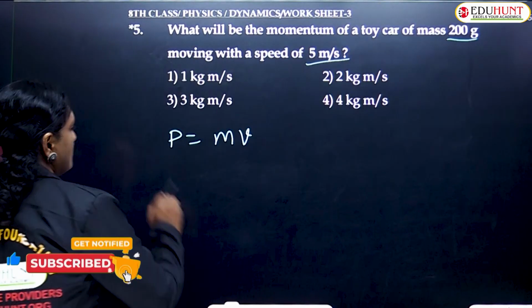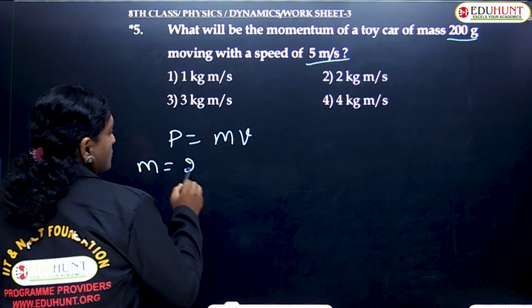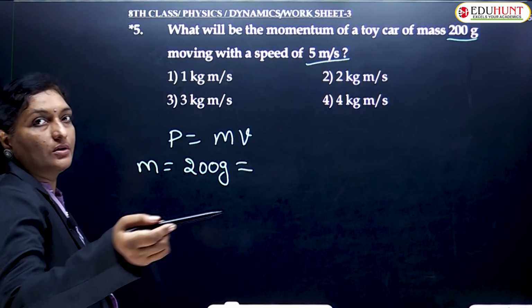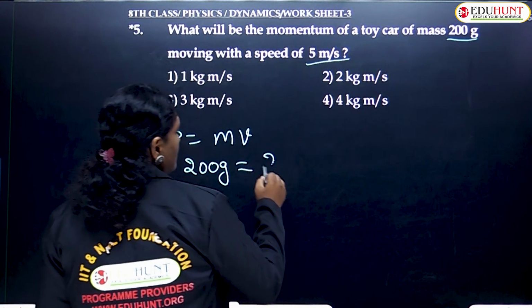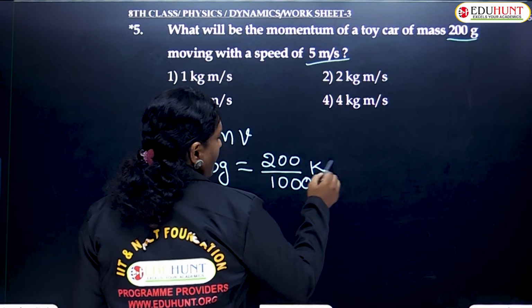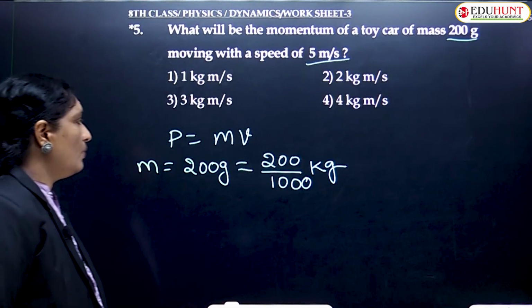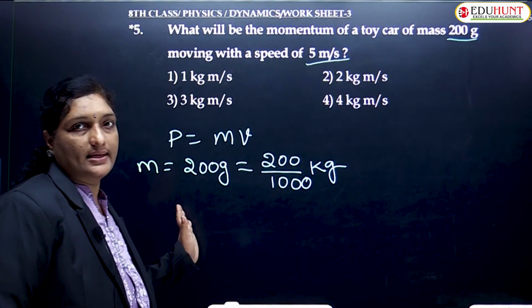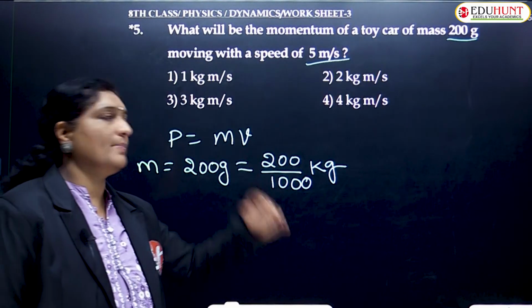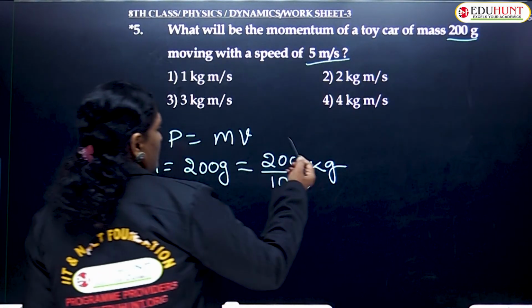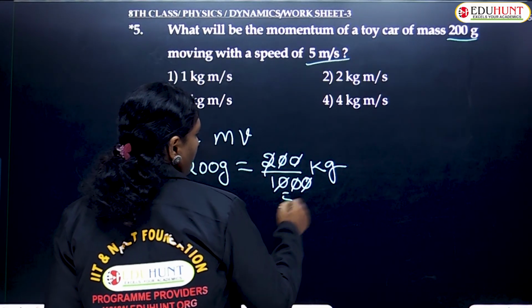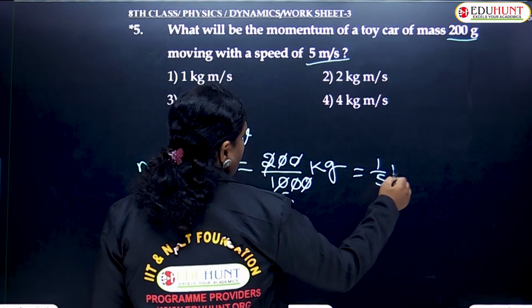So first of all, let us convert. Mass is given as 200 grams. To convert grams into kgs, you need to divide by 1000. Now it will become kgs. 1 kg is 1000 grams and 1 gram is 1 by 1000 kg. So 200 grams is 200 by 1000 kg. On simplification, the zeros get cancelled, 2 goes upon 10, that is 1 by 5 kg.